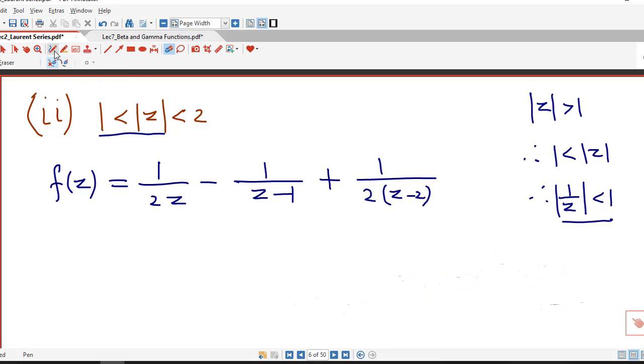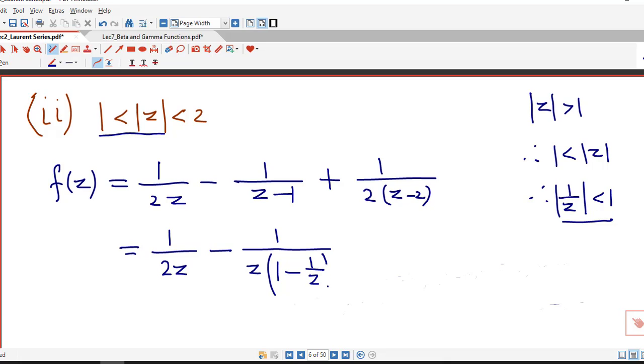So for that we rewrite our function. This we rewrite as we consider z common here. So if we take z common, we will have z times 1 minus 1 by z, and absolute value of 1 by z is less than 1. So we will use that Maclaurin series expansion. In place of z we will put 1 by z. Now here same thing here, absolute value of z is less than 2.